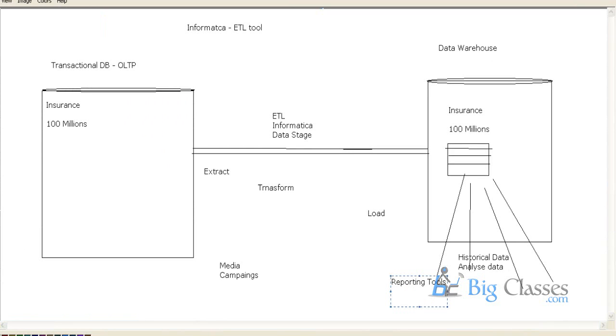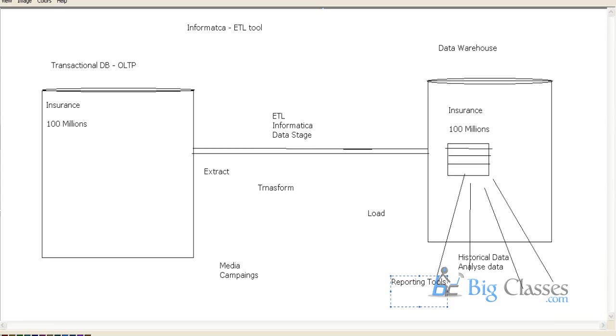What I'm saying is the data warehouse will have lots of historical data, and that data is coming from the transactional DB, or not?